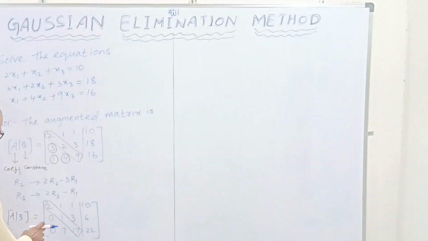So now we have made this element 0, this element 0. Now this element we have to make 0, so that the elements below the diagonal are all 0.